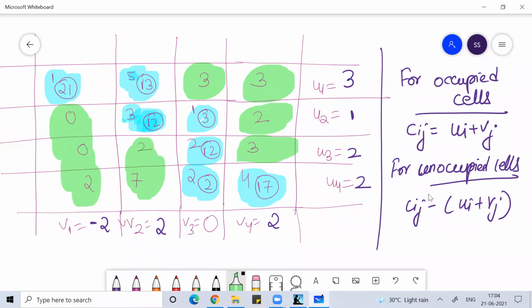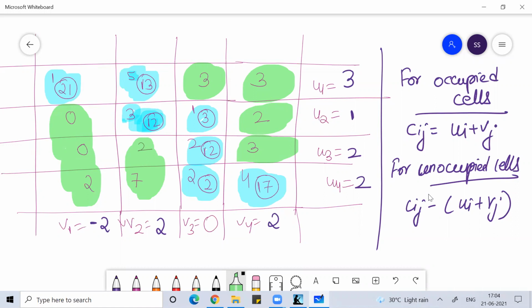So you can use the formula here. A13, the cost is 3 and U1 is 3 and V3 is 0. So 3 minus (3 plus 0), the answer is 0.